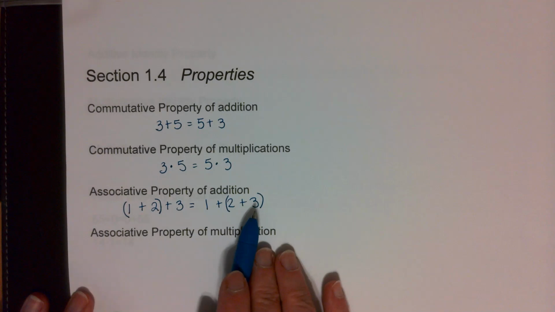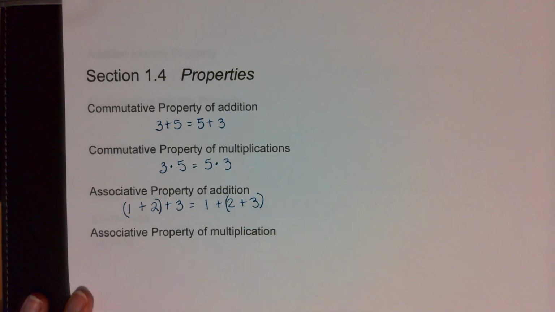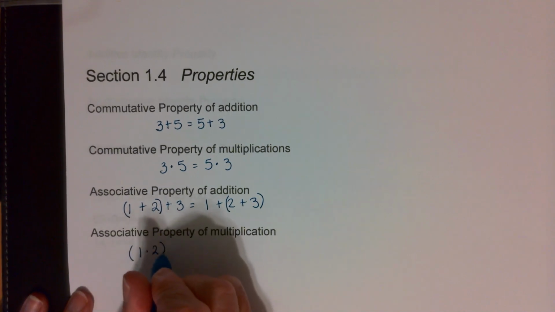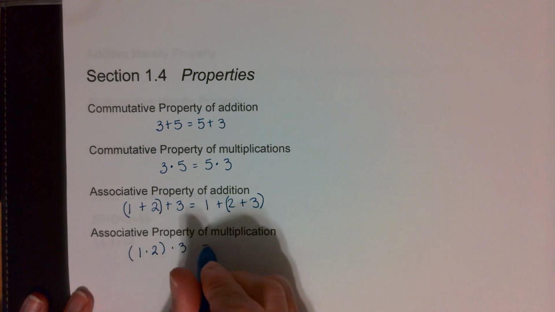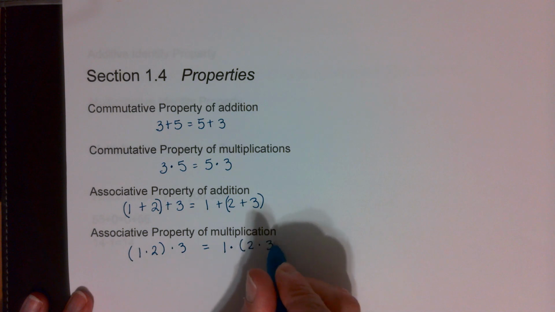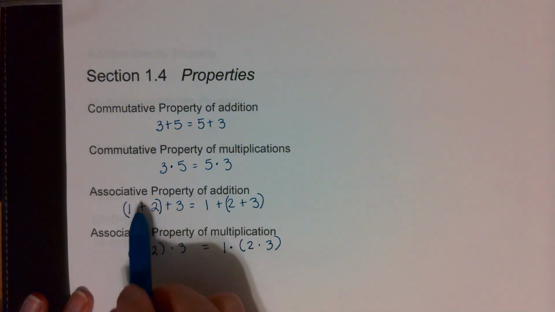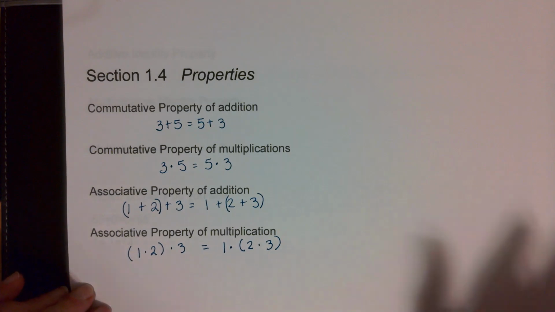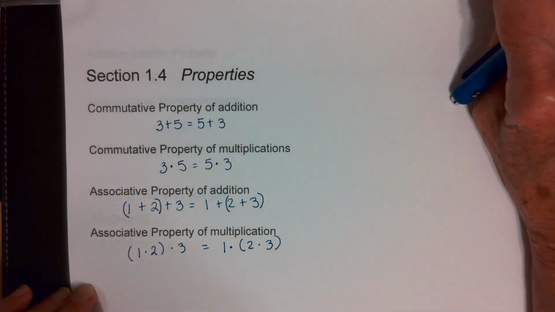So as long as it's addition, you can change the group that is added together first. Same thing is true with multiplication. 1 times 2 times 3 is the same as 1 times 2 times 3. Notice how what happens on associative property is your parentheses change. On commutative, the order changes.